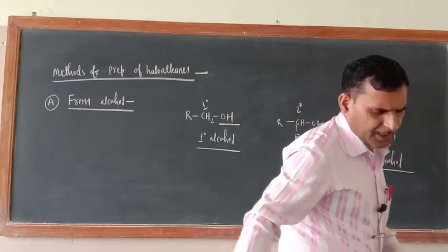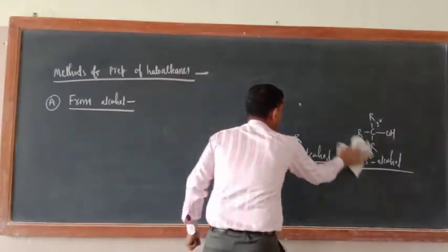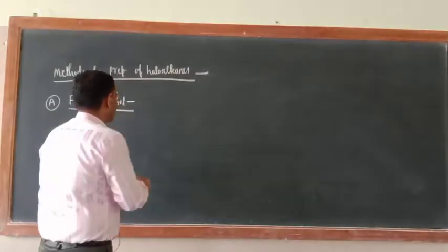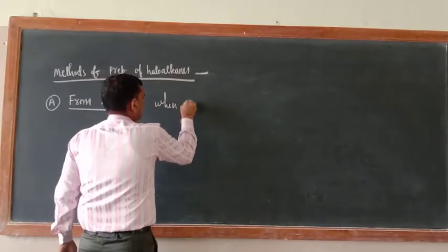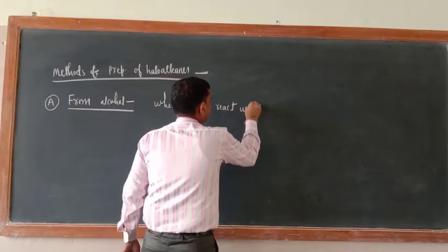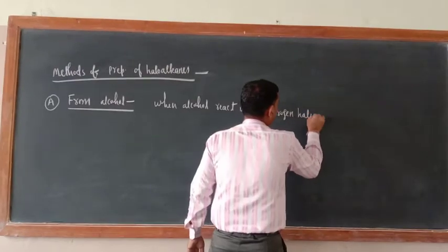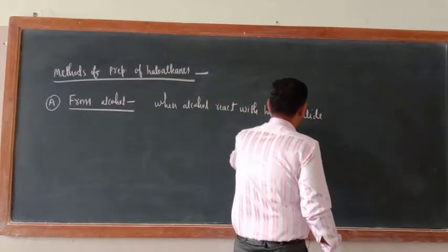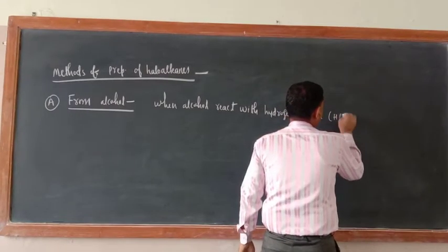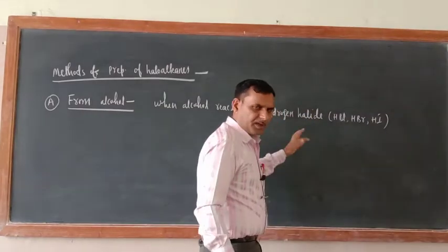When alcohol reacts with hydrogen halide, that is HCl, HBr, HI, in the presence of Grove's reagent. I am not taking HF, remember, because its reaction will be different.